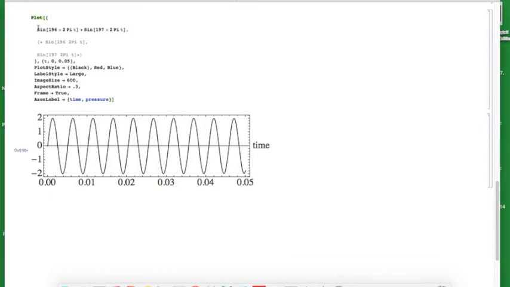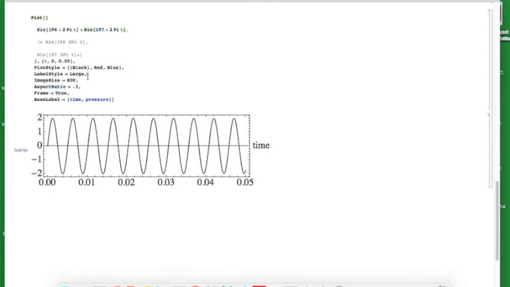We can see here, let me just highlight what we're plotting. We have two sine waves here. It's the sine of a 196 hertz wave plus a sine wave that has a frequency of 197 hertz. And when we plot that, we get the graph below.